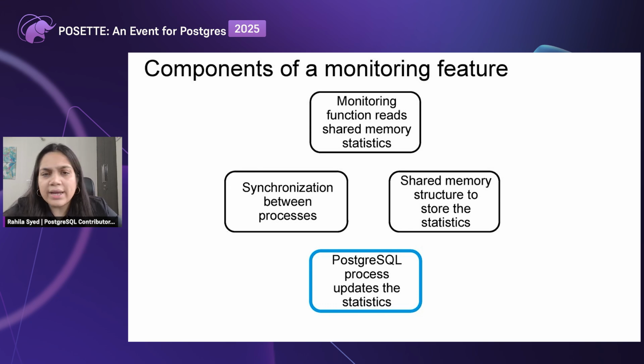Any Postgres process that is doing any activity updates the statistics counters either periodically, and at a point when it is idle, it updates the counters to the shared memory, or it can do it instantly, as in case of dynamic statistics, or there can be a third way to upload these statistics, that would be on demand. Whenever a process is queried for stats, then only it will upload its statistics in the shared memory.